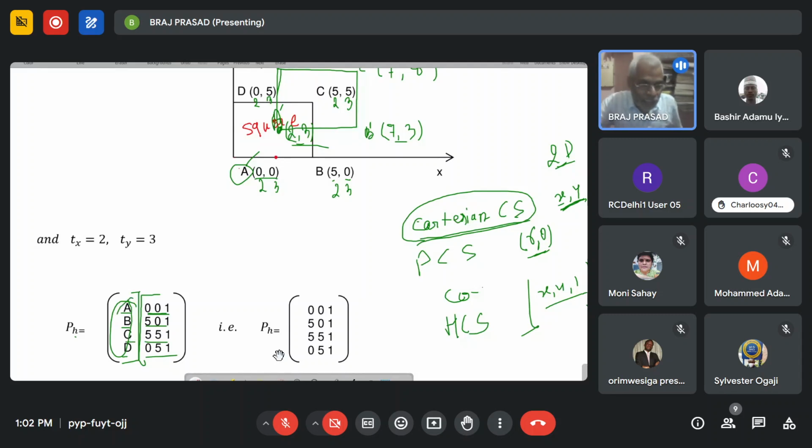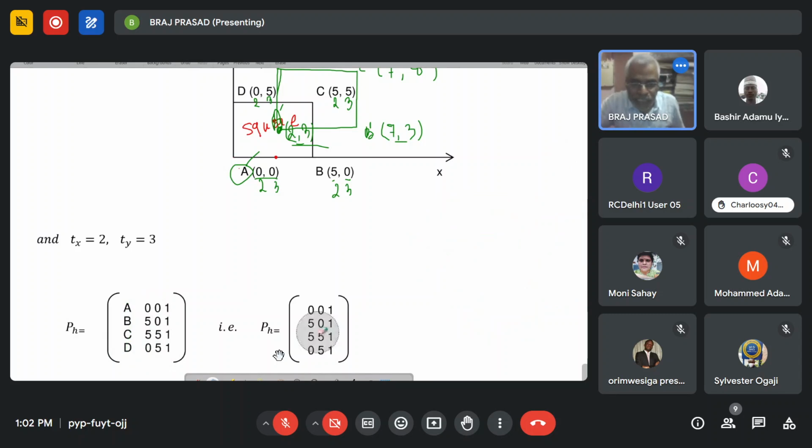We remove these labels A B C D because we know the first value is for A, second for B, third for C, and fourth for D, so that for calculation purposes we can simply calculate the numeric values. So this becomes the PH value. I think now it is clear what PH is.